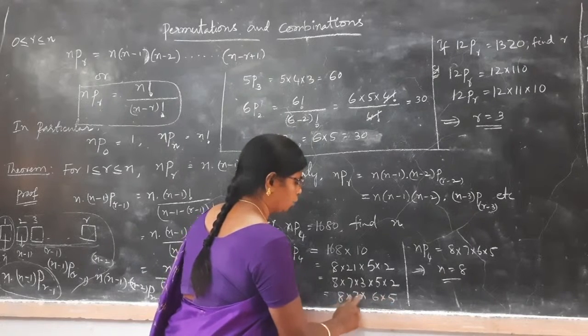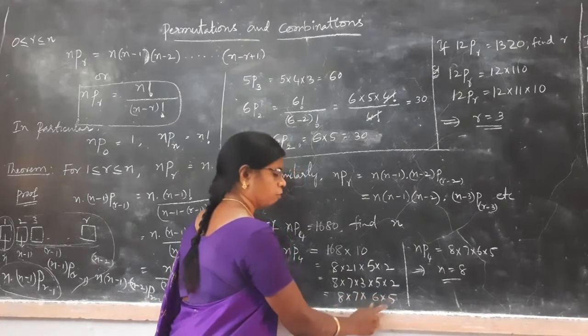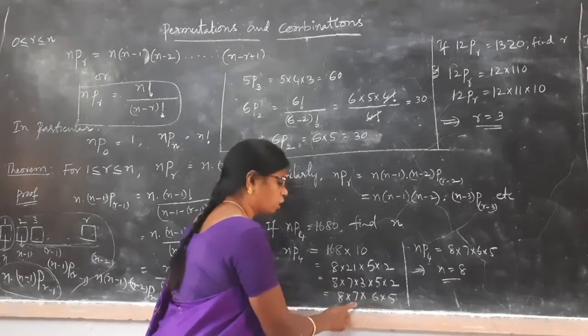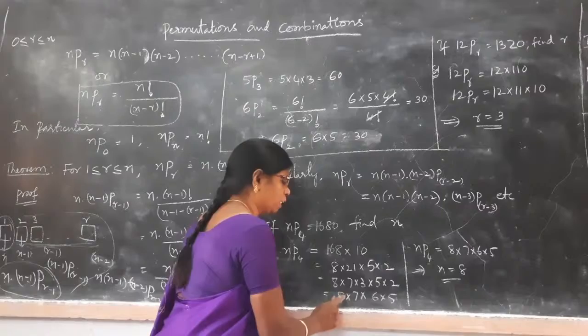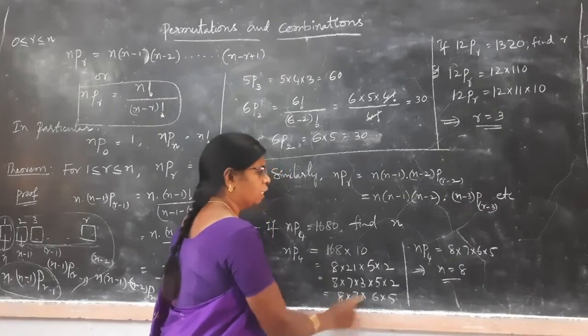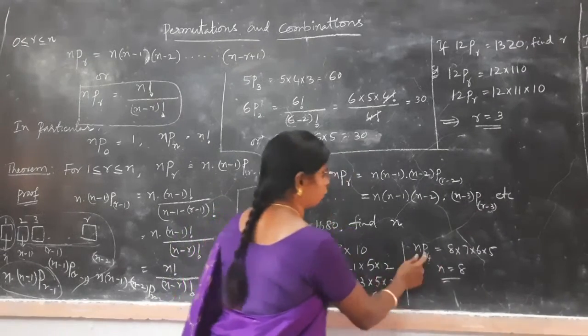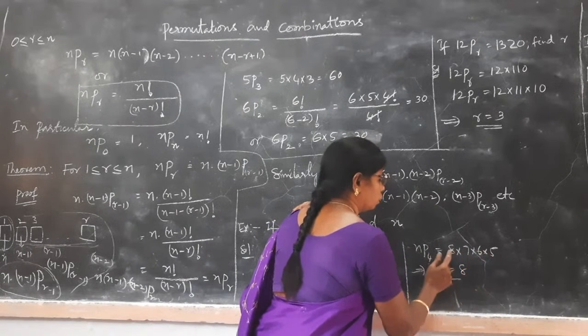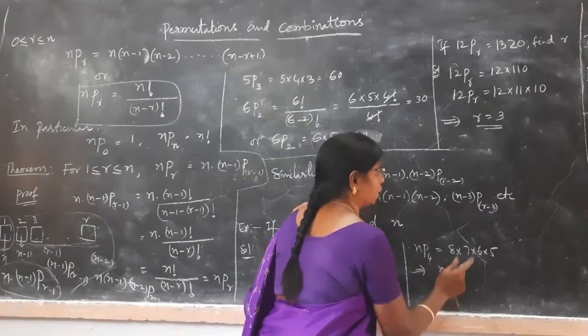So now 8 into 7 into 6 into 5. Okay, this is a product of 4 consecutive integers beginning with 8. nP4 is equal to 8 into 7 into 6 into 5. So what is n? n is equal to 8.